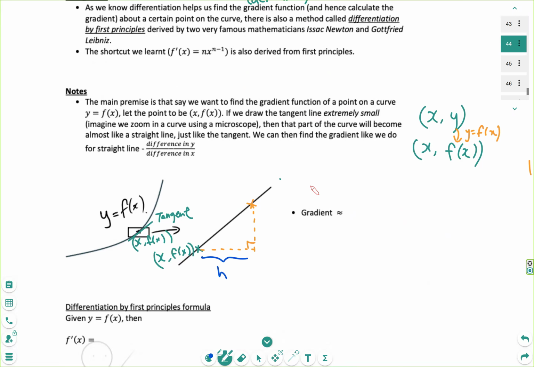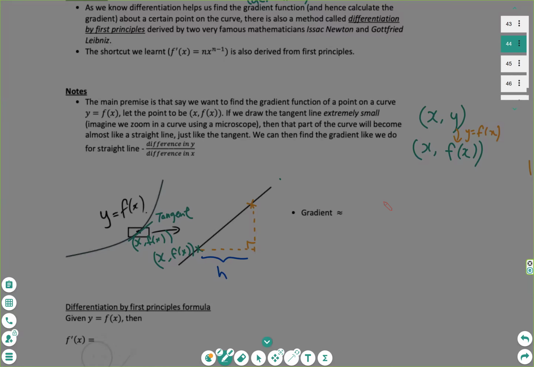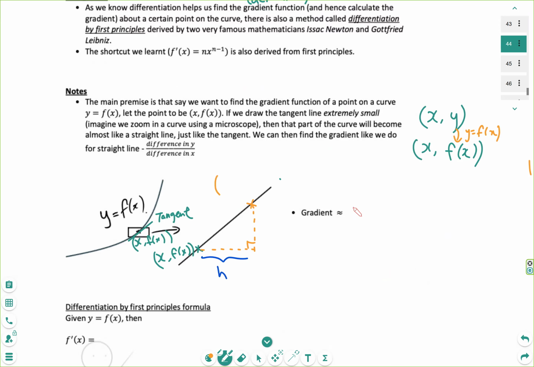Now, can you try to tell me what the coordinates of the new point are? A tricky question, it will be in algebra. Think about the x value first. You've got x in here, and then you move to the right by h. So it'll be x plus h for the x coordinate.